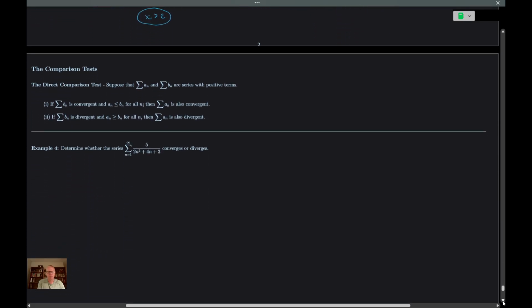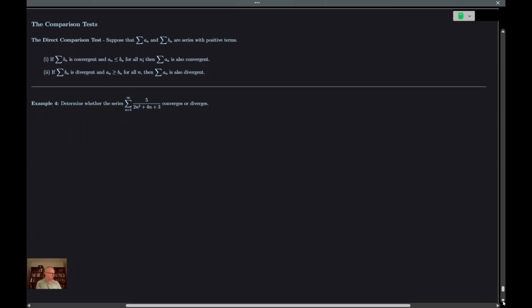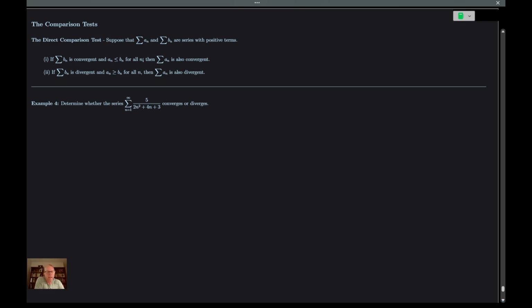Now, the next one we're going to look at is called the comparison test. The comparison test is basically looking at two series, where we know that one series converges or diverges.